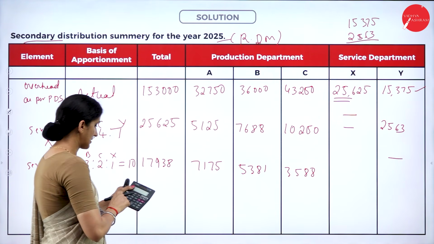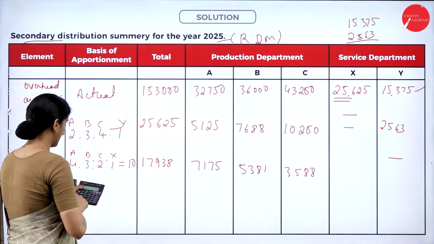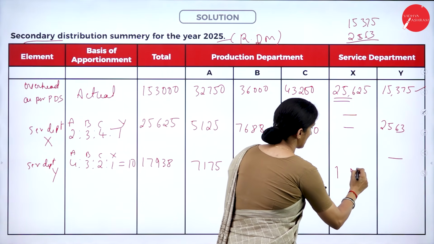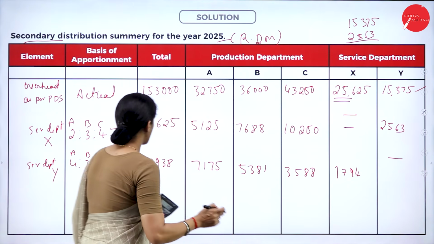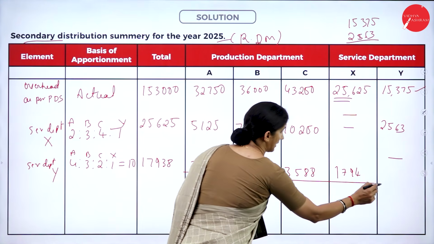Then for X, 17,938 into 1 divided by 10, for X it is 1,794. So once your distribution is over, you can draw one line here.